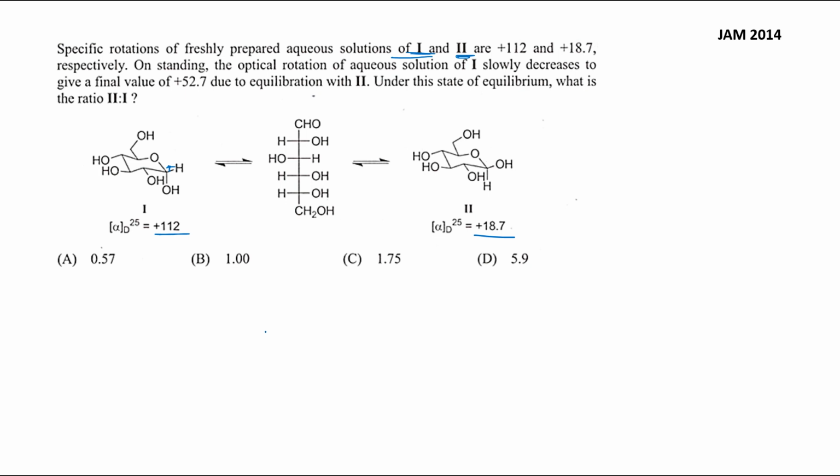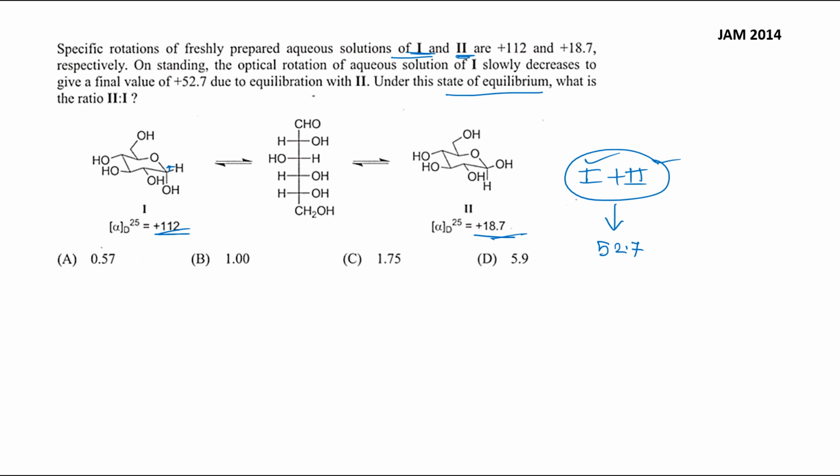On standing, the optical rotation of aqueous solution of 1 slowly decreases to give a final value. So these two are the extreme values when it is in pure condition, 1 and 2. But when you have a mixture of 1 and 2, and ultimately you are getting 52.7, then this information is given, and we have to find, under this state of equilibrium, what is the ratio. So we have some mixture, but what is the ratio of these two, that we have to find.